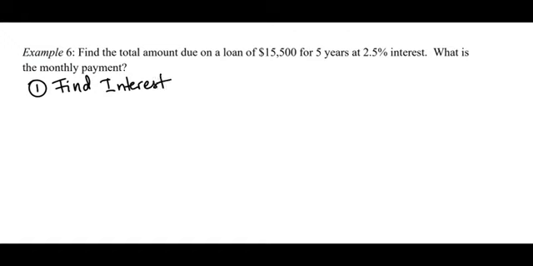Find the total amount due on a loan for 5 years at 2.5% interest. First we're going to find the interest. Then we're going to add the interest to the money borrowed.